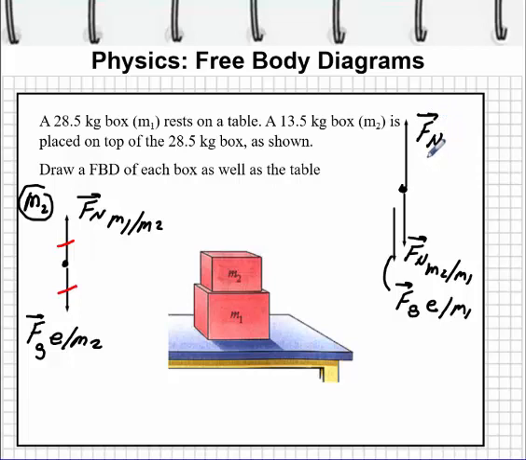And this would be the table onto M1. Now notice here, on this free body diagram of M1, M1 always comes last. And that's because I'm drawing the free body diagram of M1. Same way over here, I had M2 here, M2 here. It always comes last. So that's what the free body diagram would look like of M1, M2.